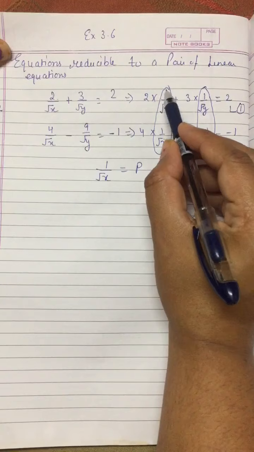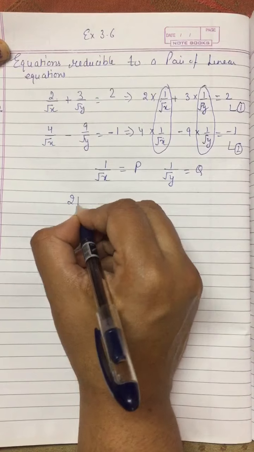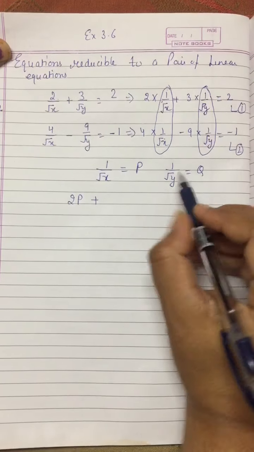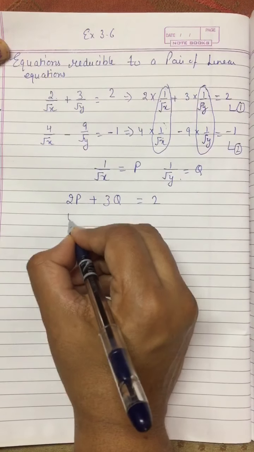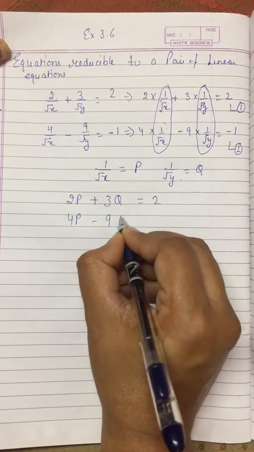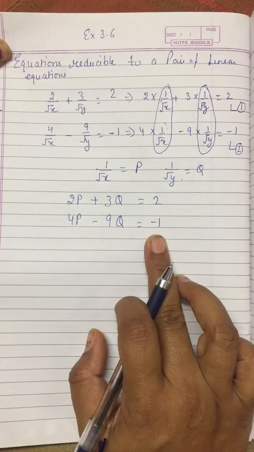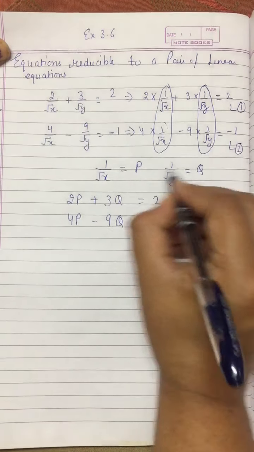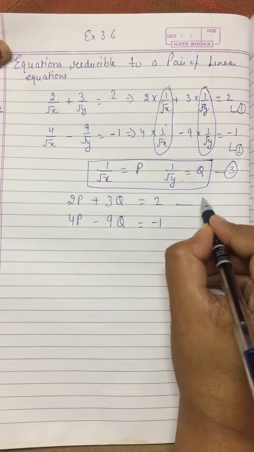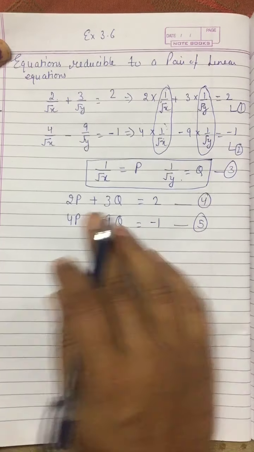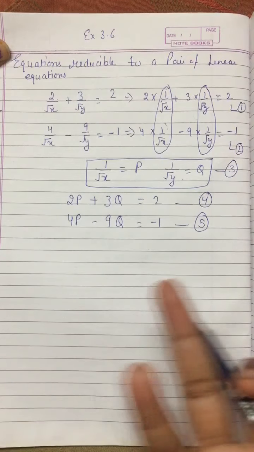Substituting p for 1 over root x, that will be 2p plus q equals 2, and 4p minus 9q equals minus 1. Now you can see that these two equations are linear and it is very easy to solve them. I am going to give the substitution as equation 3, this equation number 4, and this equation number 5.